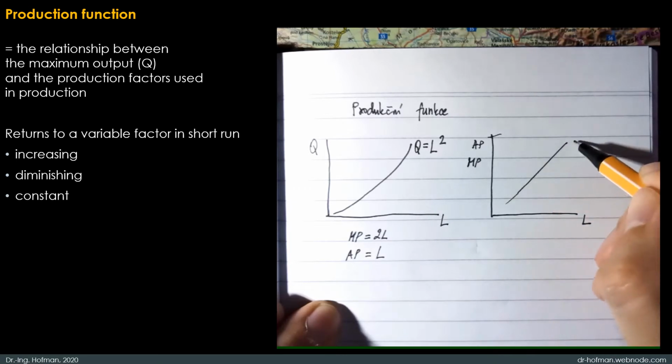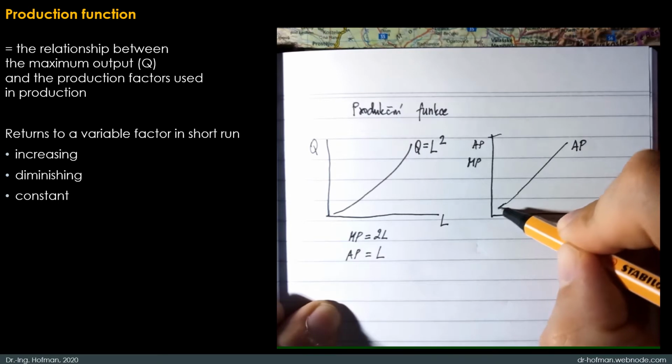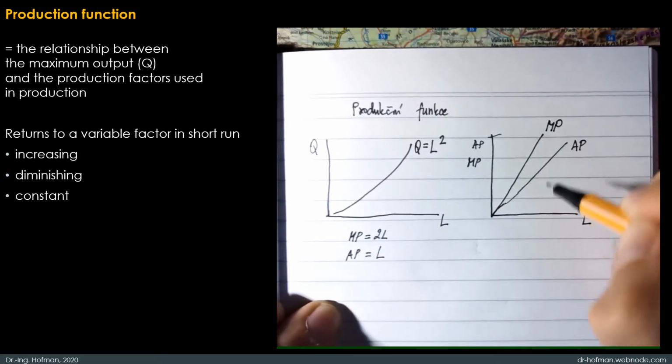You see that both marginal physical product and average physical product increase, but the marginal product increases faster.